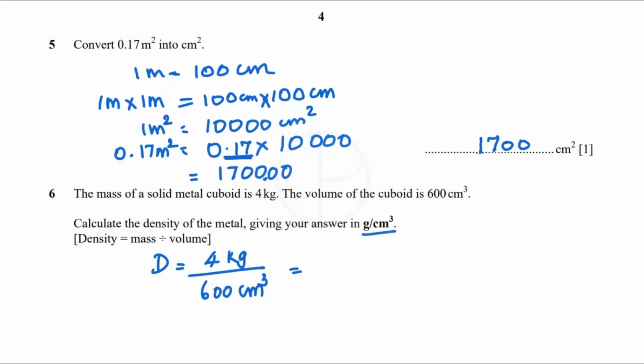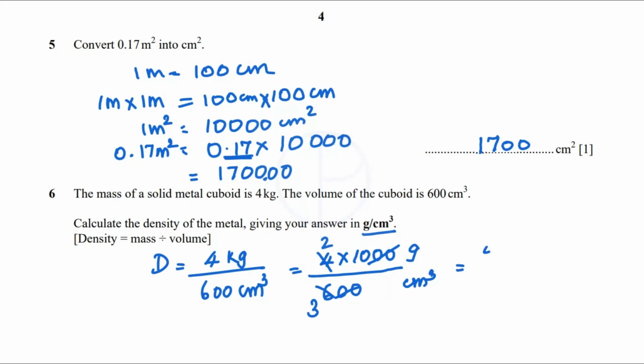So convert 4 kilogram into gram, which is nothing but 4 times 1000 grams, divided by 600 centimeter cube. So these two zeros get cancelled. 4 can be divided by 2, 2 times, and 6, 3 times.